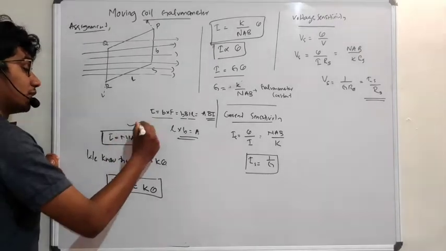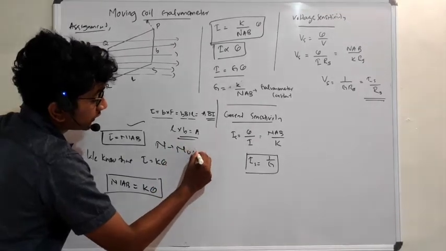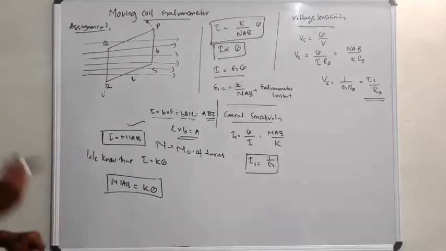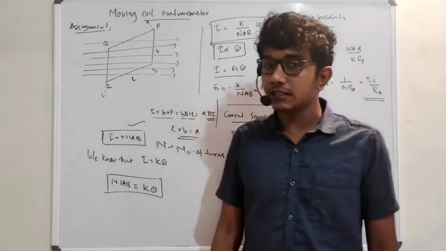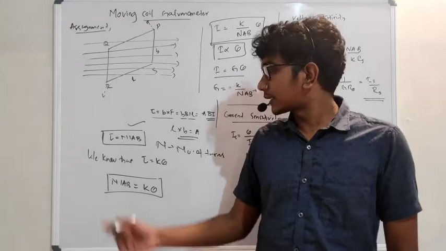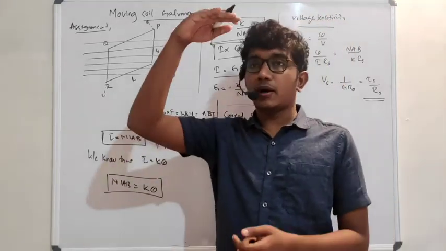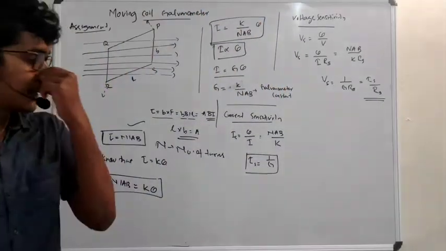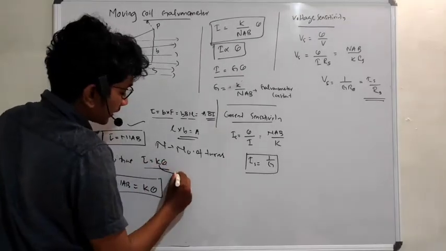So this is what we have learned. What is N here? N is an extra term, which is the number of turns. Also in first year class we learned, especially in oscillations, that torque is nothing but K theta in the case of a fixed wire. What is K here?